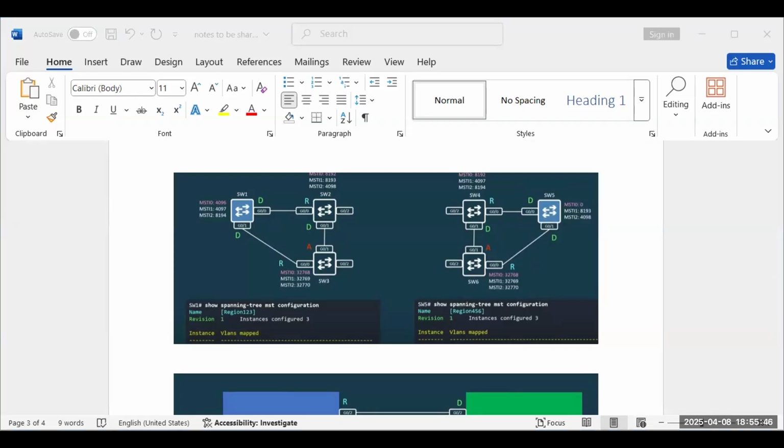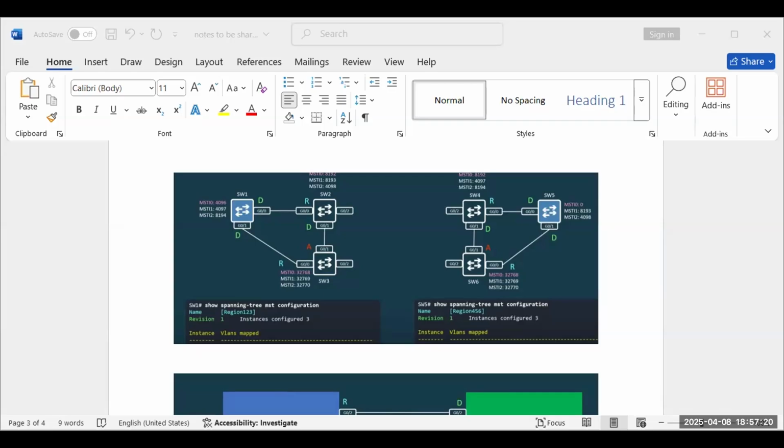So altogether, all 6 switches are in the same network, in the same physical network, but logically we are splitting them. All these 6 switches belong to the same network, but logically we are splitting them into 2 different regions and mapping VLANs to 2 different instances.